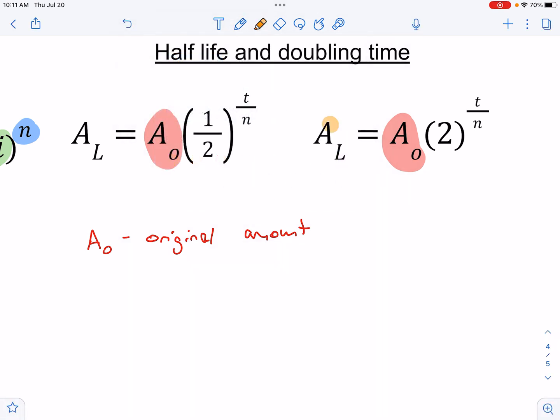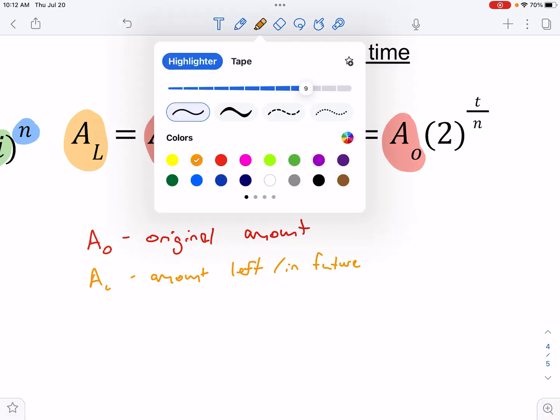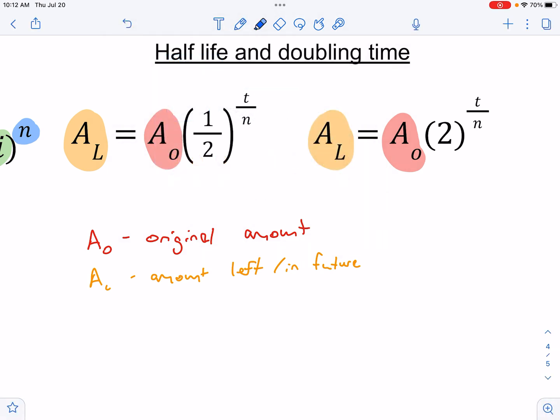And then AL, I don't know why it's called AL, but it's like the amount left. It's the amount in the future. T, similar to N, is the amount of time it takes. We're often looking to find T.